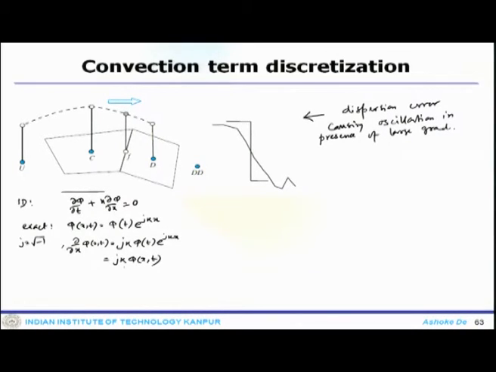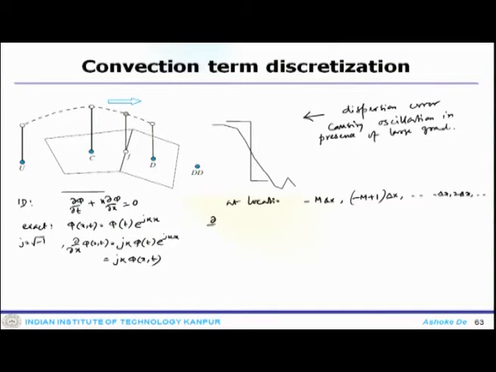Now, with the interpolation profile, the numerical approximation of the gradient is written in terms of phi at locations, let us say, minus m delta x, minus m plus 1 delta x and so on, like delta x, 2 delta x, like that.